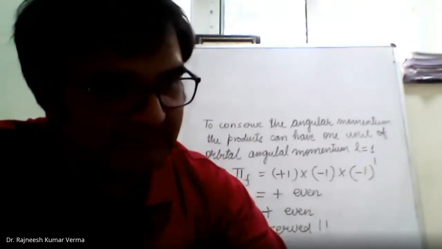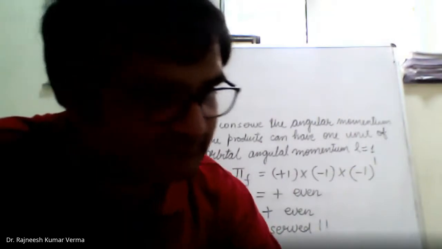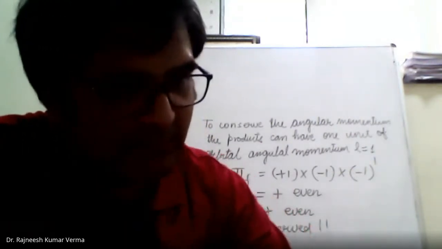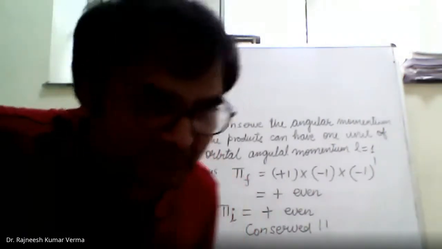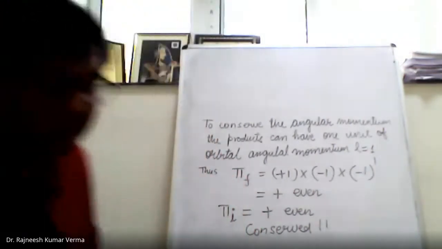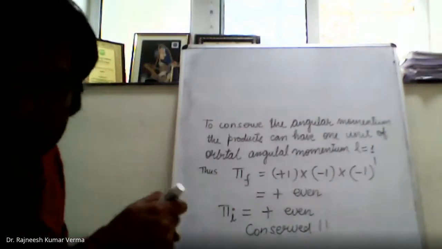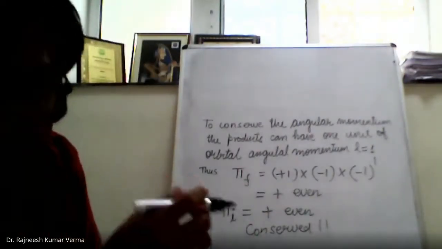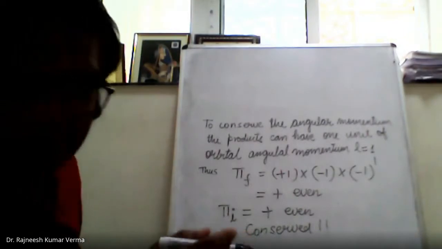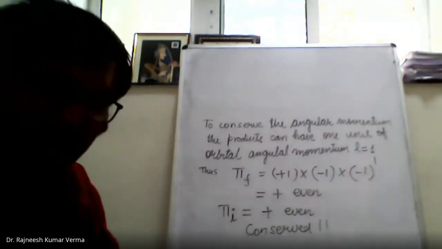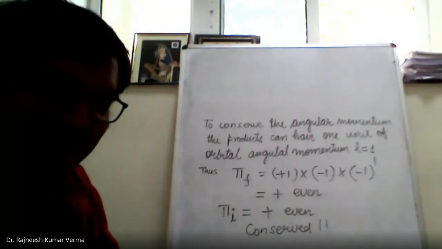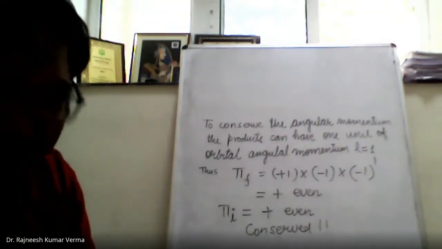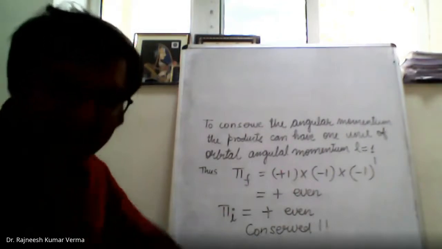Just as an example, can you tell me whether this reaction is feasible or not? Tell me any particular case. Ashutosh is saying isospin creates problem. So you tell me any particular case, I will resolve it. Otherwise, how can I tell you why this is creating a problem?